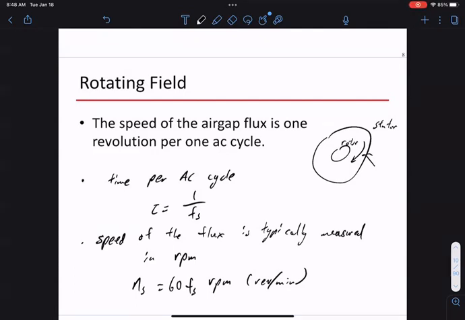This N_S is called the synchronous speed, because this is external speed generated by the grid for us. Any questions after this one? Okay, so if you look at the outside field at 60 hertz, then the synchronous speed is 3600 RPM.